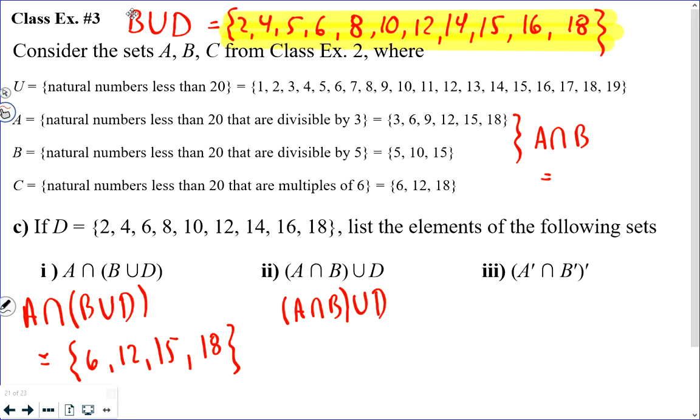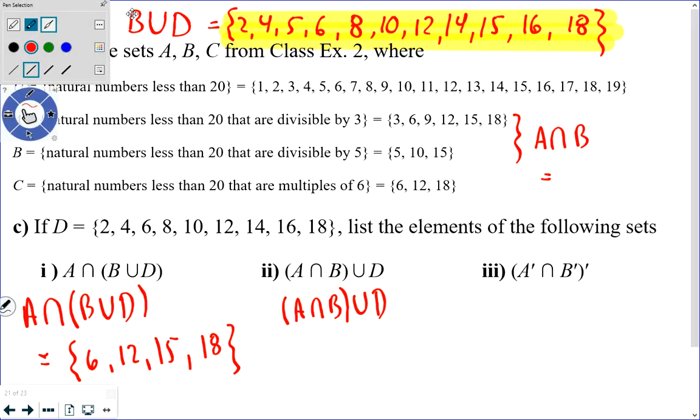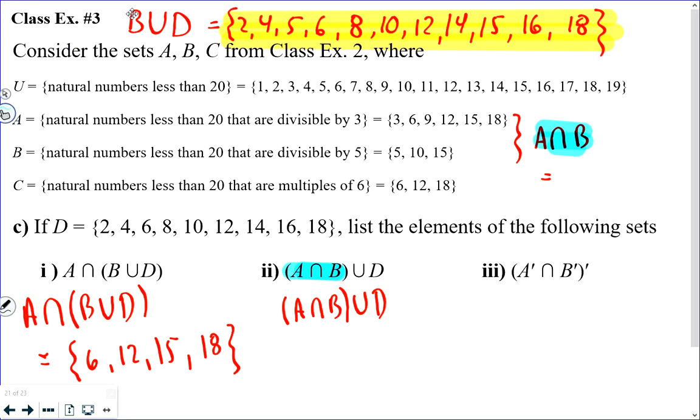What do those two sets have in common? They don't share 3 in common. They don't share 6, 9, 12, 15 is the only thing.